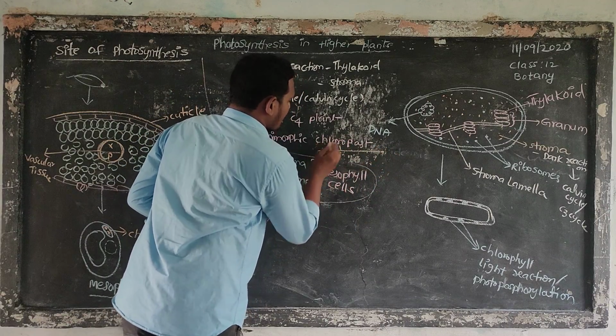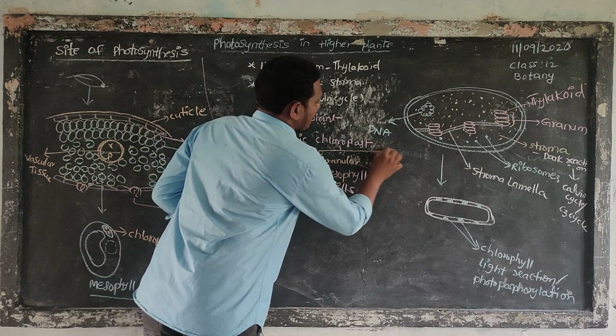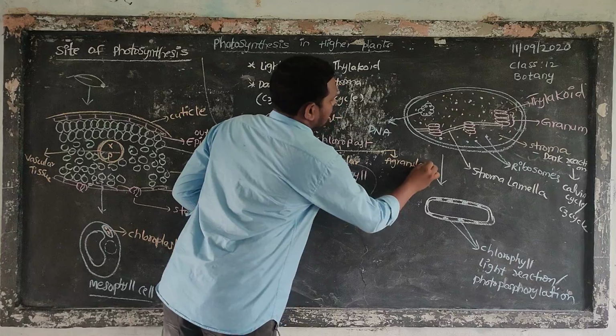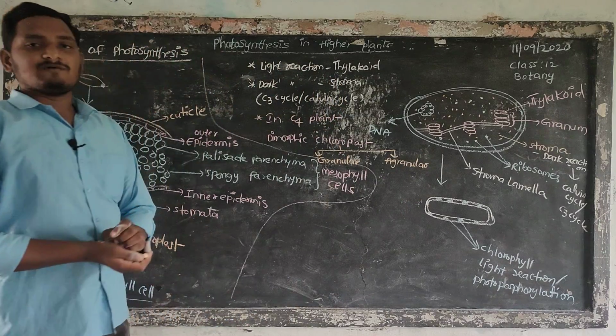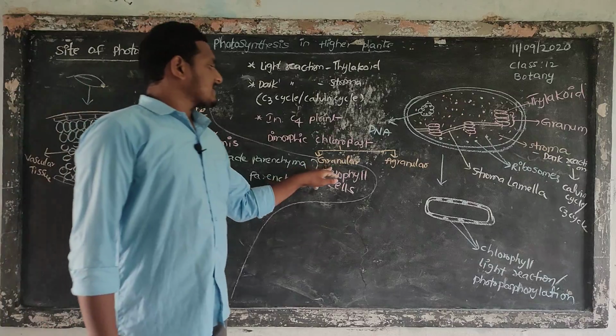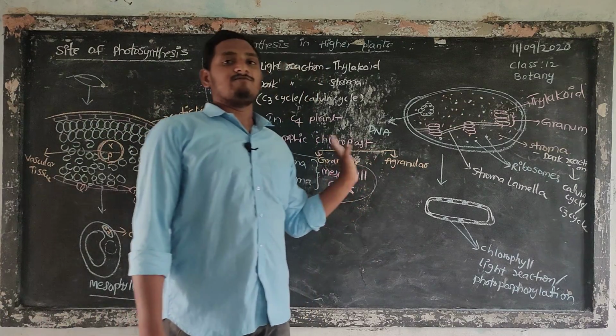One is granular and the other is agranular. Two forms of chloroplast are present in C4 plants: a granular chloroplast and an agranular chloroplast.